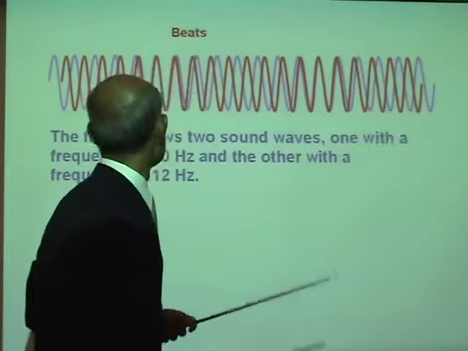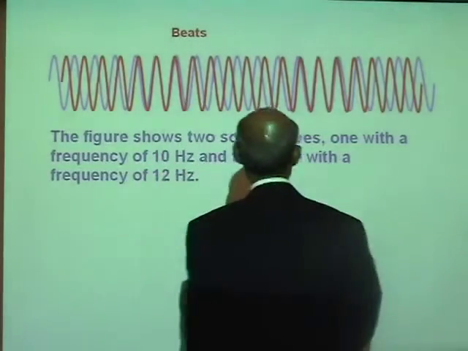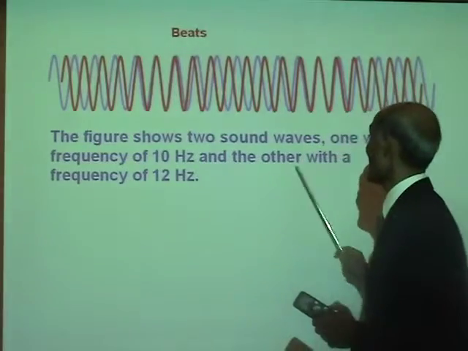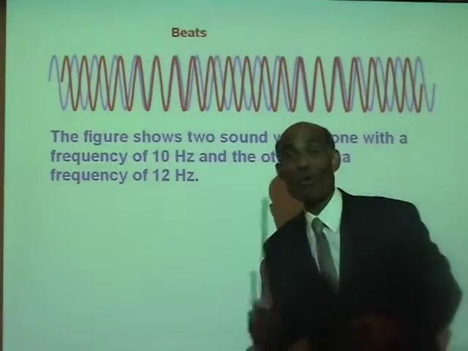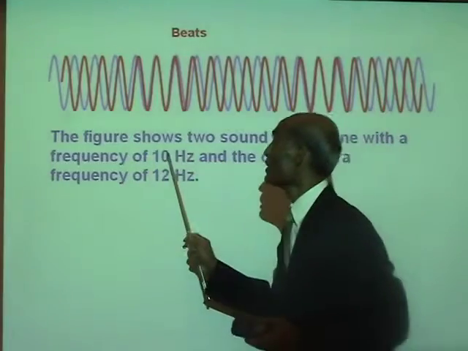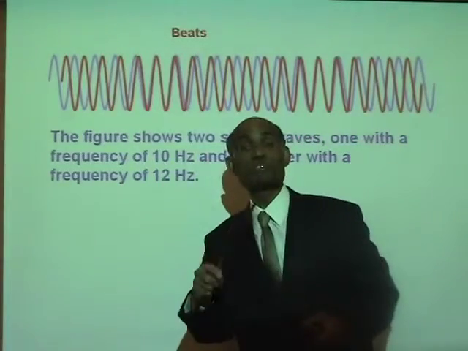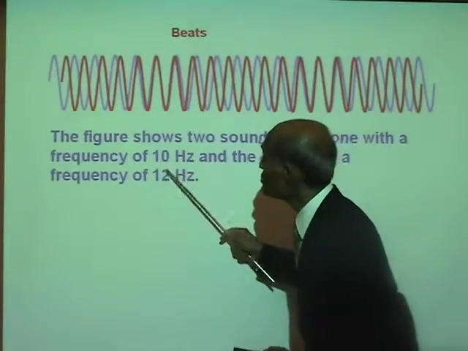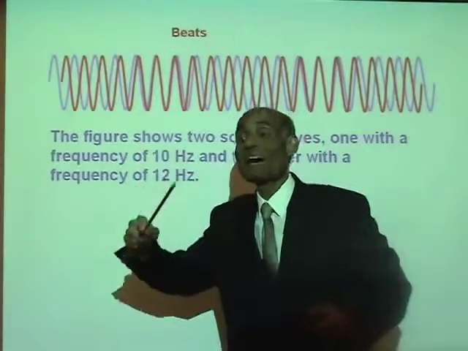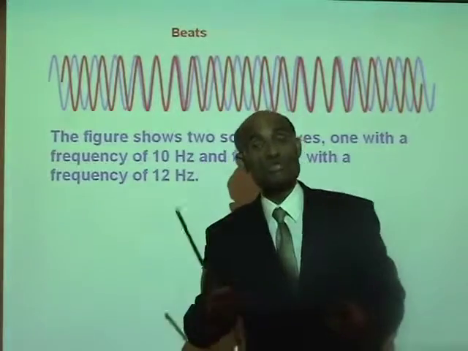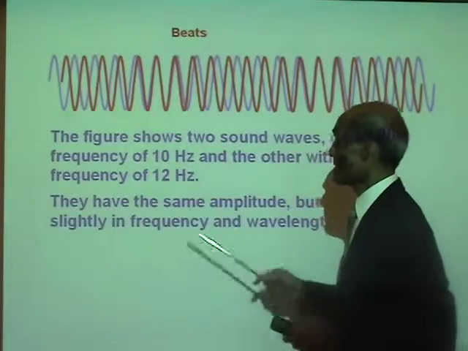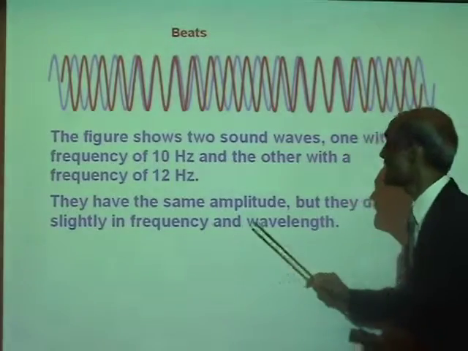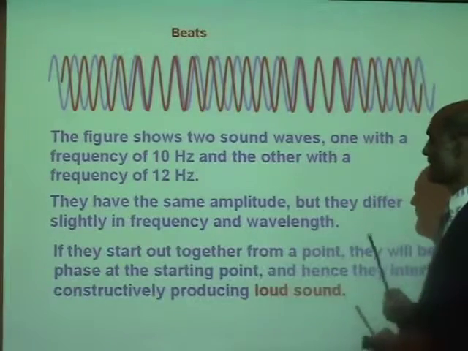Alright, so the figure shows two sound waves, one with a frequency of 10 Hertz and the other with a frequency of 12 Hertz. That means there is a small difference in the frequency, that is 2 Hertz. So as they advance, these two waves will get in phase and out of phase 2 times a second. They have the same amplitude, but they differ slightly in the frequency and wavelength.